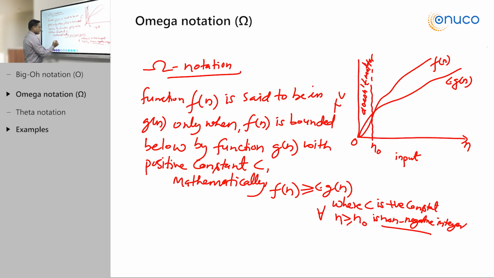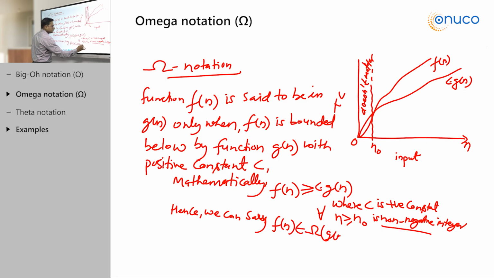In that case, we can say, hence, that f of n belongs to omega of g of n.